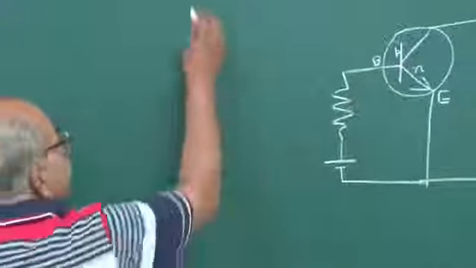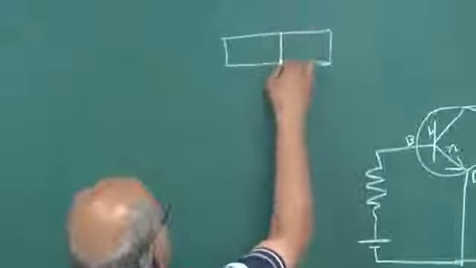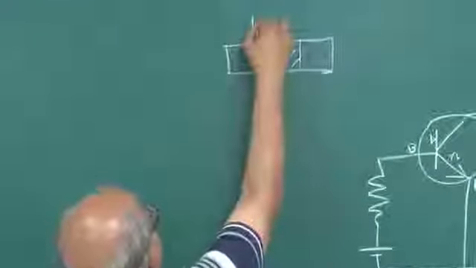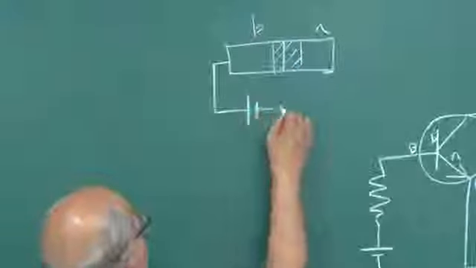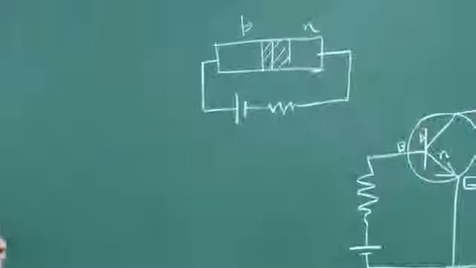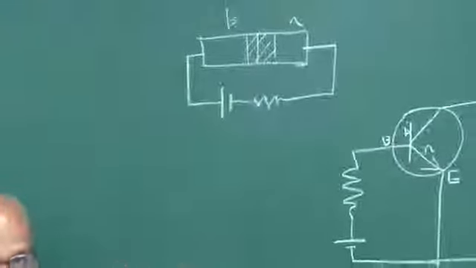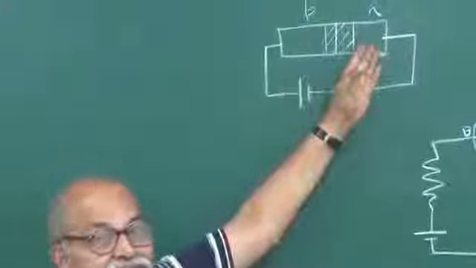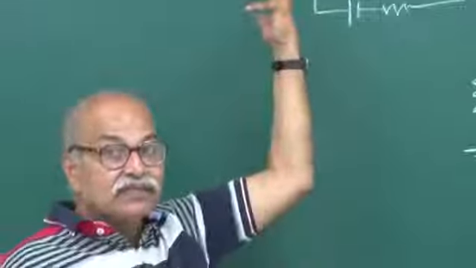So, what happens if you have a normal PN junction? You have depletion layer, P side, N side, and then you forward bias it. Because of this biasing, the potential barrier decreases, and because of the large concentration gradient, majority carriers from both sides diffuse to the other side.